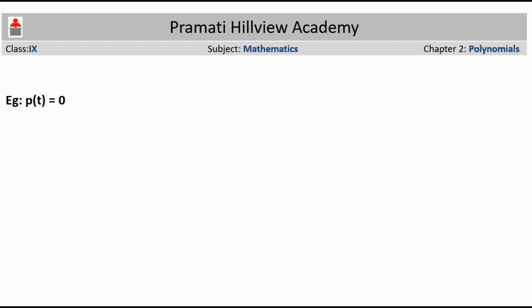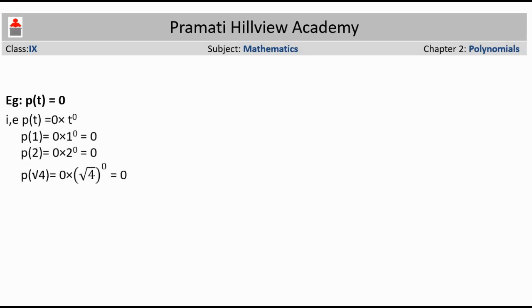Let's consider the zero polynomial p(t) = 0. Then p(t) can be written as 0 into t raised to 0, since t raised to 0 is equal to 1. Then, when t becomes 1, p(1) = 0 into 1 raised to 0, which is equal to 0.